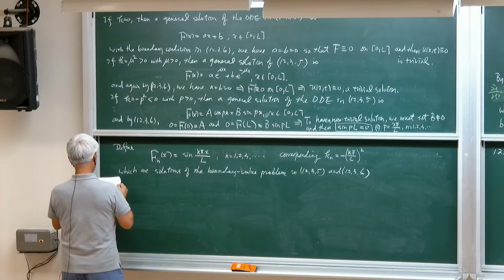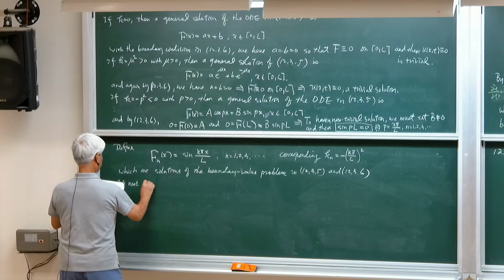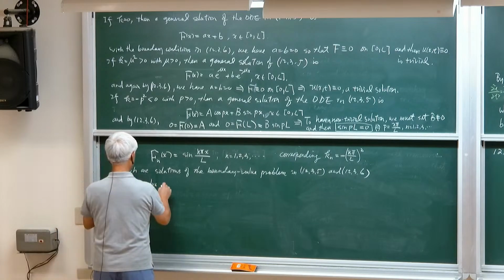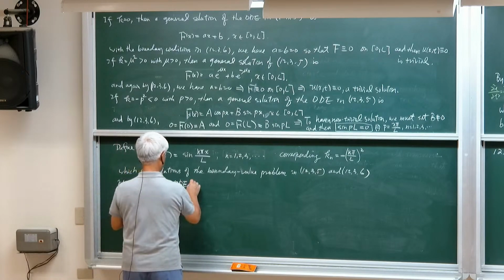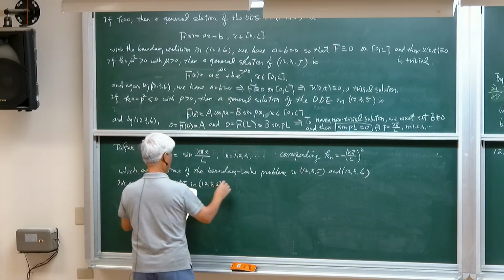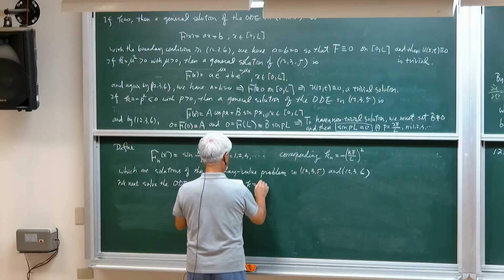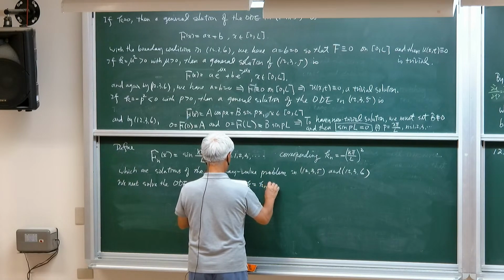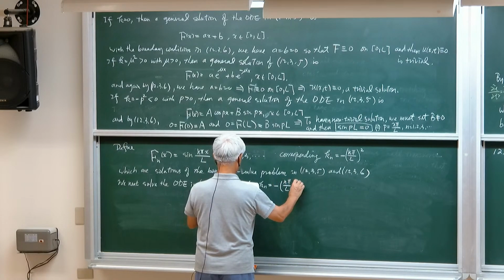Next we solve the ODE in 2.3.4 with k equal to k sub n, which is minus (n pi over L) square.